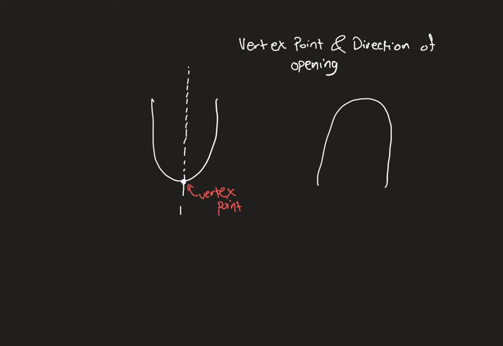The line that cuts it in half is called the Axis of Symmetry. Now the vertex point, obviously it's a point, it's an x and a y. The x value of the vertex is the Axis of Symmetry.